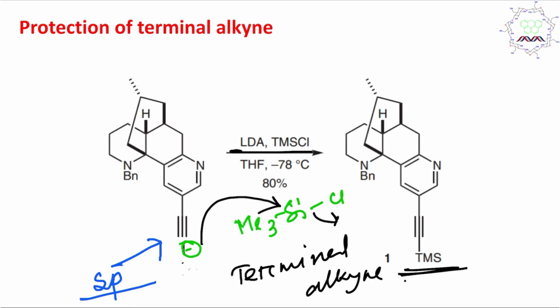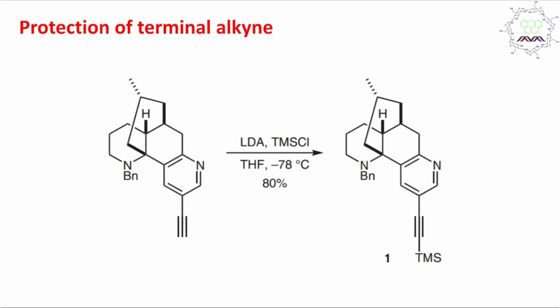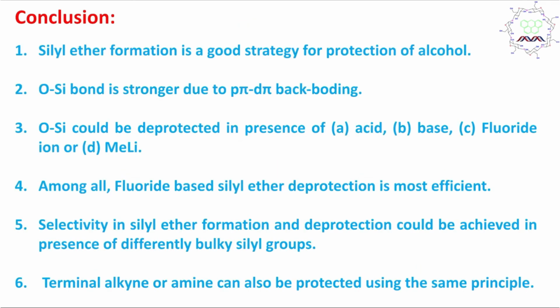So remember student, not only alcohol, it can act on terminal alkyne too. Not only that, there are some examples of amine protection, nitrogen base, but I am not going into that much complication, so I shall stop here. So in conclusion, what you have learned today: silyl ether formation is a good strategy for protection of alcohol.